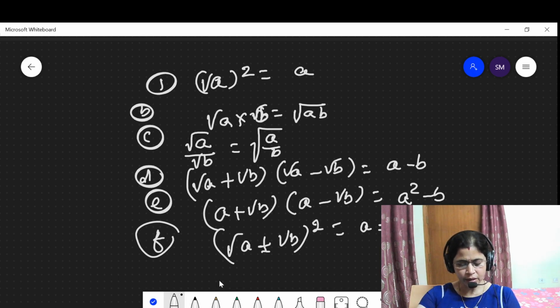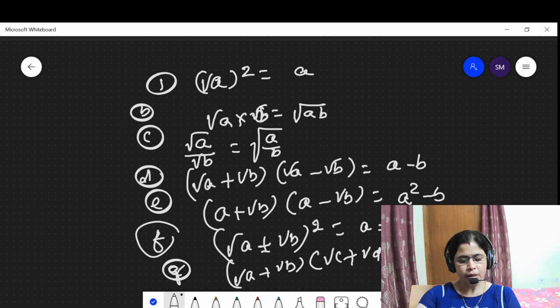Another identity says that root a plus root b into root c plus root d is equal to root of ac plus root of bd plus root of bc plus root of ad. These are the identities you mainly use for the rationalization of given algebraic expressions.